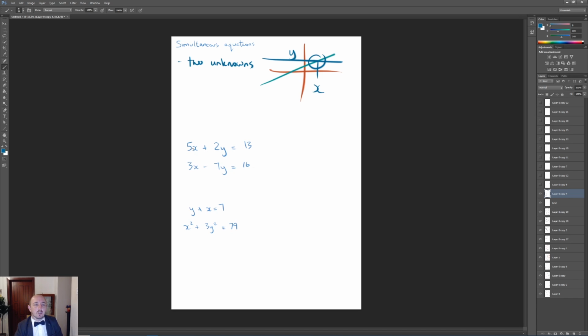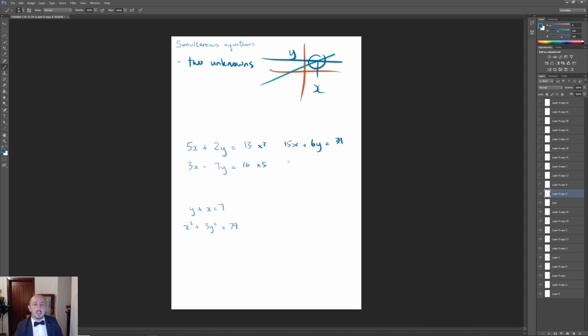Well, if I cross multiply these, like I multiply the other one by 5 and the first one by 3, then that will give me two terms in x that are exactly the same. So I'm going to times this by 3 and times this one by 5, and I get 15x. I times everything by 3, so I get plus 6y, and I get 39, like that.